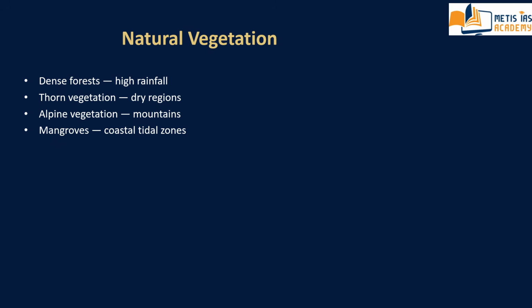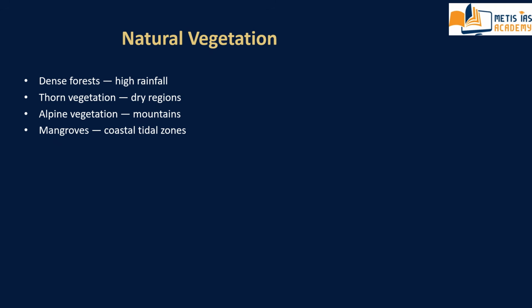Plants adapt to climate; rainfall, temperature, and soil conditions shape their form. For example, desert plants conserve water. Mangroves survive in saline water.